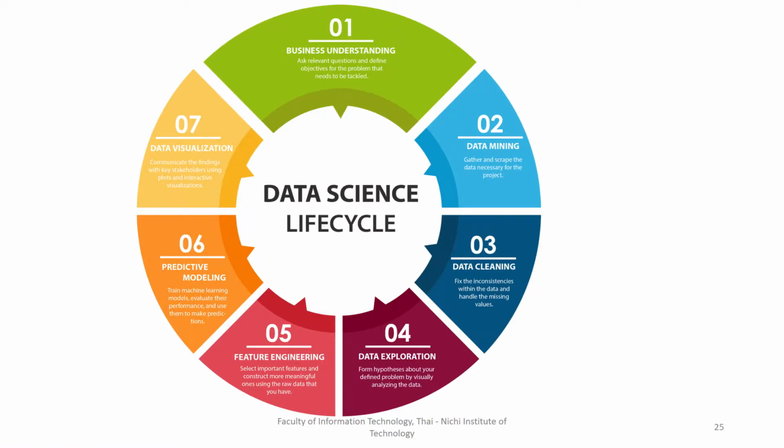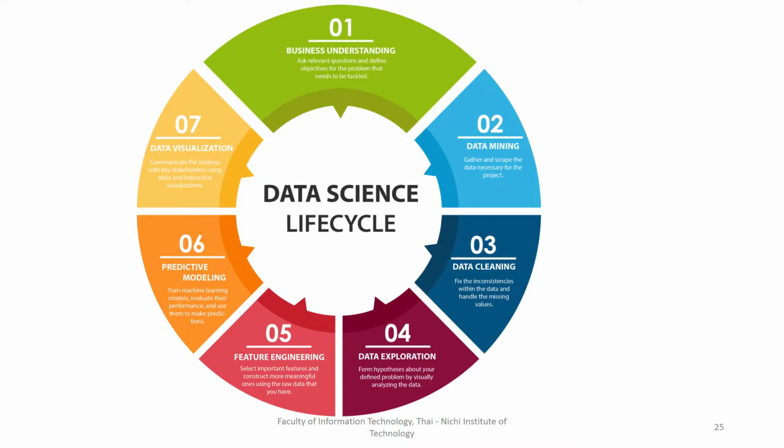In the data science life cycle, there are 7 steps: business understanding, data mining, data cleaning, data exploration, feature engineering, predictive modeling, and data visualization. All these 7 steps constitute the data science life cycle. So let's see in detail about each and every step.